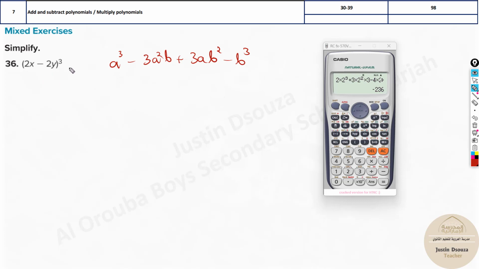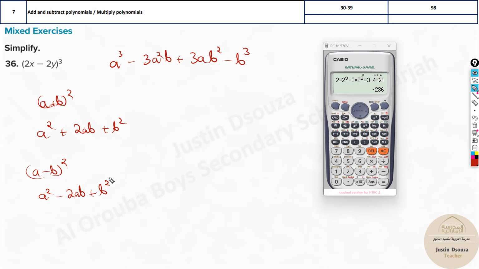First of all, you should know the whole cube and square. They have some patterns. A squared plus 2ab plus b squared, if it's a plus b the whole square. But if it's a minus b the whole square, then it will be a squared minus 2ab plus b squared. Why no minus over here at b squared?